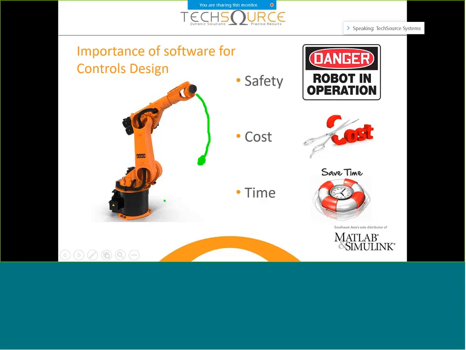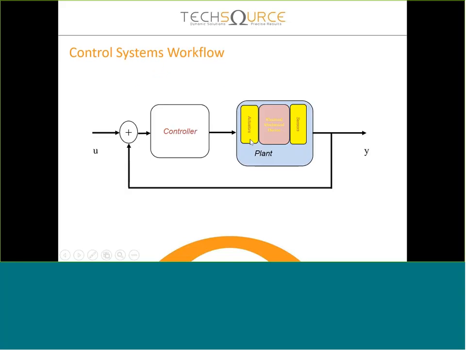But we won't know if this robot is taking the shortest path or the most optimized path, or the least amount of energy. So we would want to do optimization in the software environment first. Okay, so this is the control systems workflow.